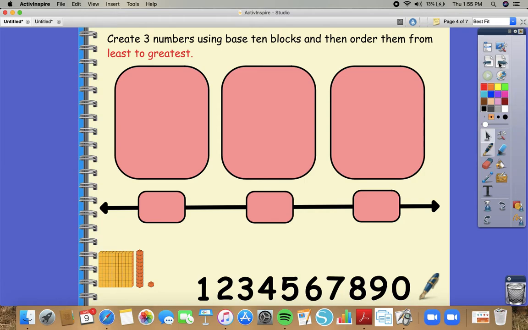Create 3 numbers using base 10 blocks and then order them from the least to greatest. All right, so we're going to make 3 numbers. I'm just going to put them over here for a second. 86, 106, and let's do 41.